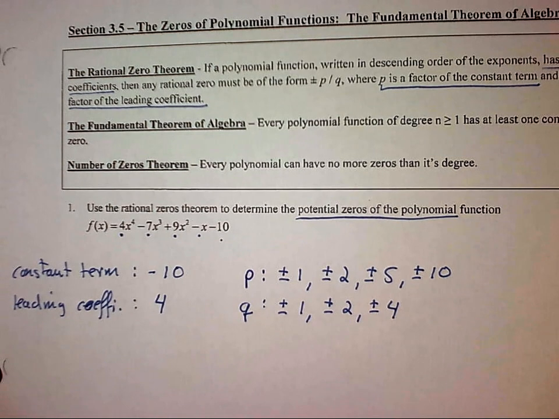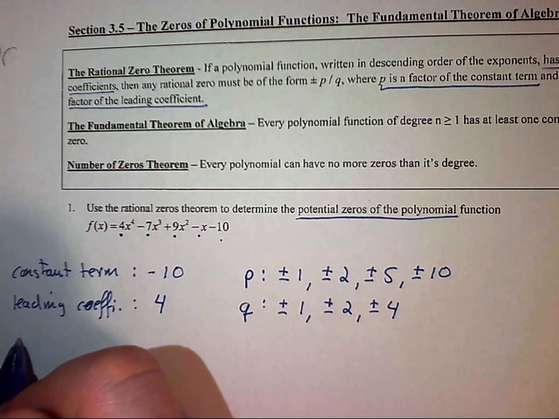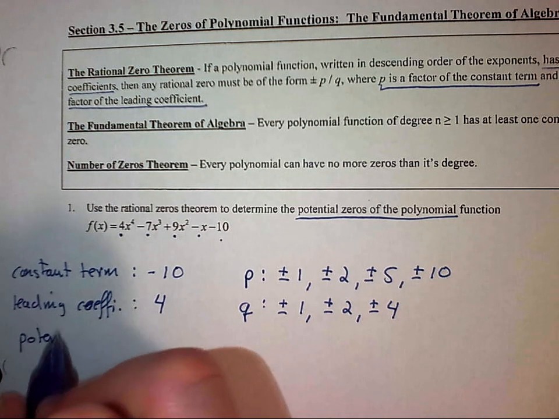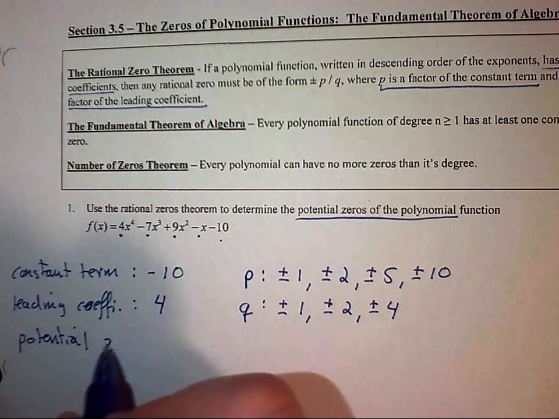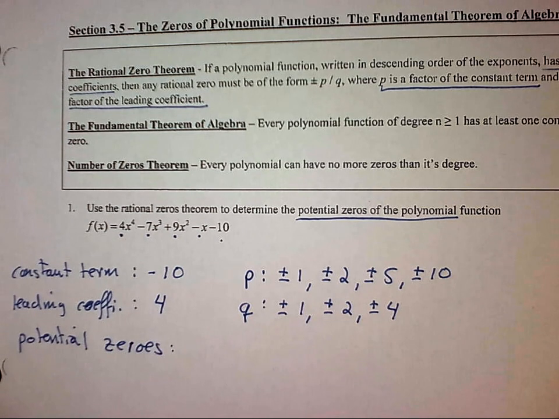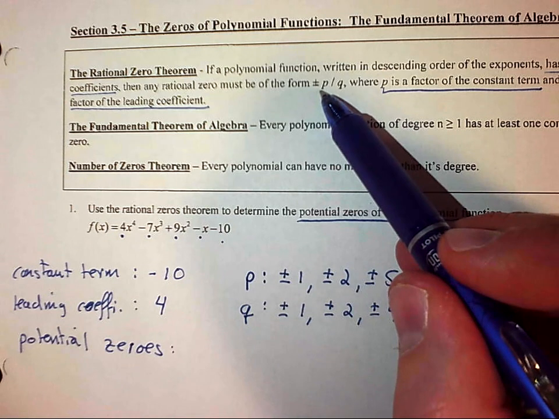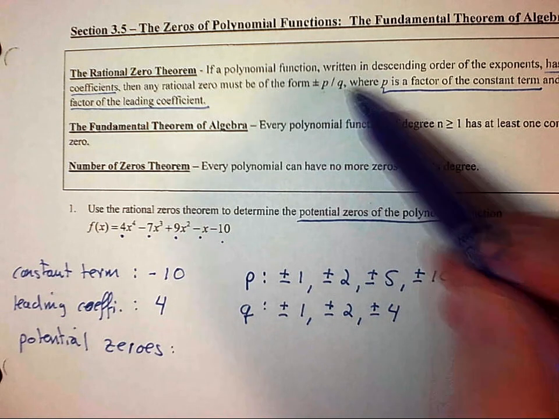Now we're going to list all possible zeros. So now these are going to be potential zeros. Our potential zeros are simply going to be plus or minus p divided by q.